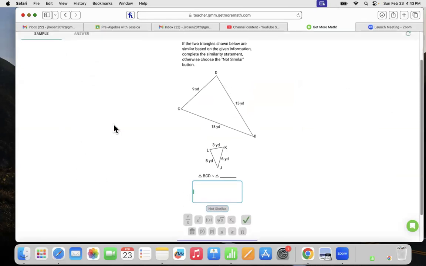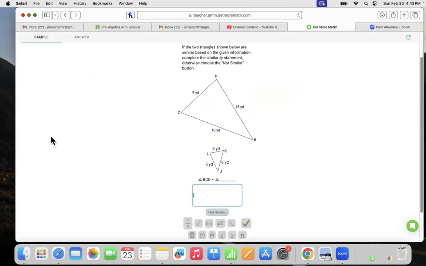If it gives it to you in the drawings, then you just see where things compare. So BCD is the triangle that we're looking at. So BCD, it wants this right here. Here's my shortest side, so it's 9. And my shortest side here is 3. So that means it was times 3, right? 3 times 3. And then this one is 5 times 3, which is how they got 15.